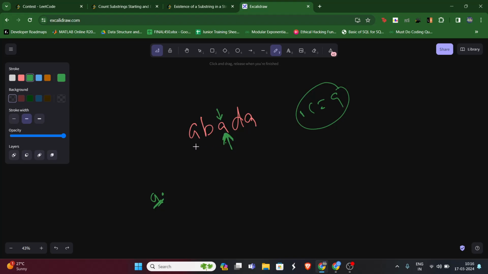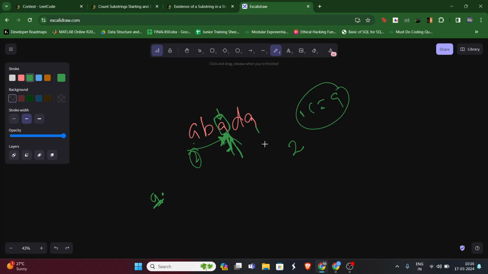We can simply count how many A's there are till here. There are two A's, which means we can start from either of those two A's and end here. So in total, the number of substrings ending at this particular position and starting with A is 2.